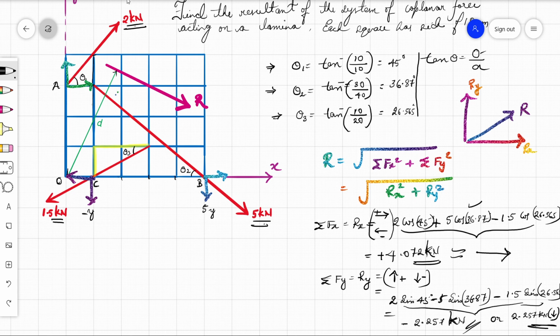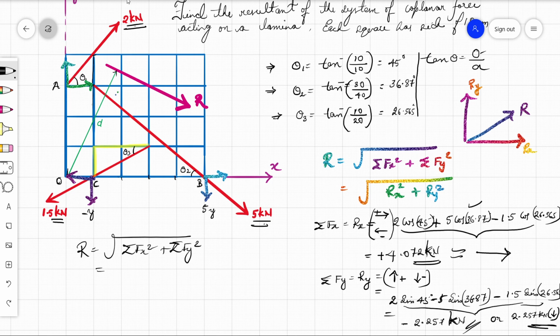Okay, so we got to know all the basics which are required. Our next step is finding the resultant R, and the R formula is the square root of summation of Fx squared plus summation of Fy squared.